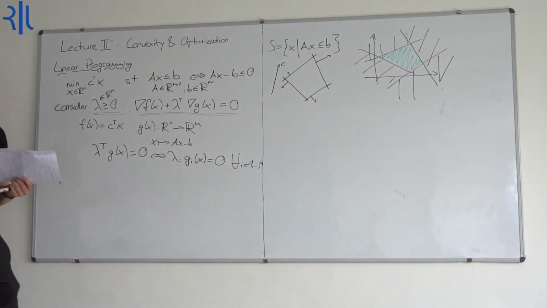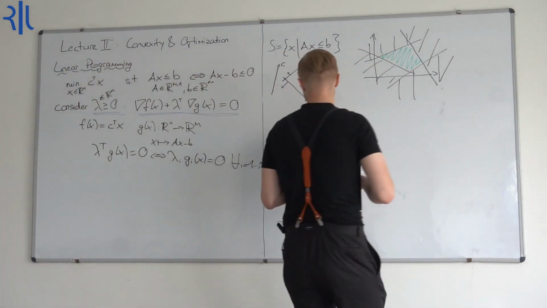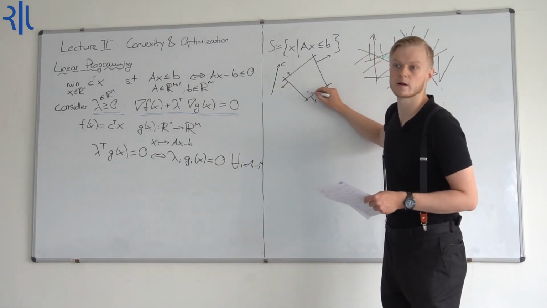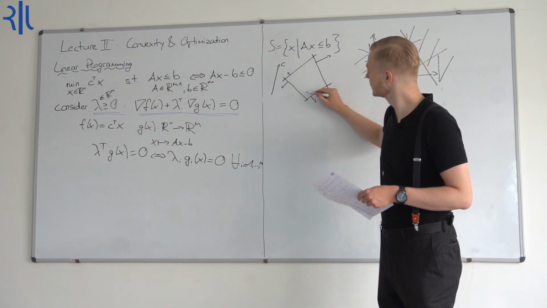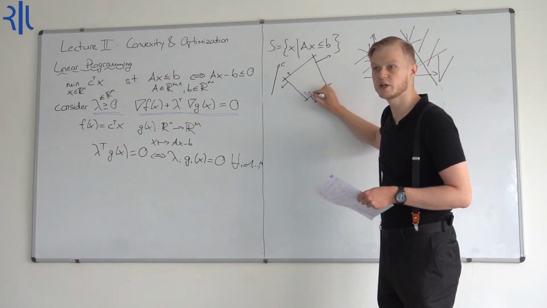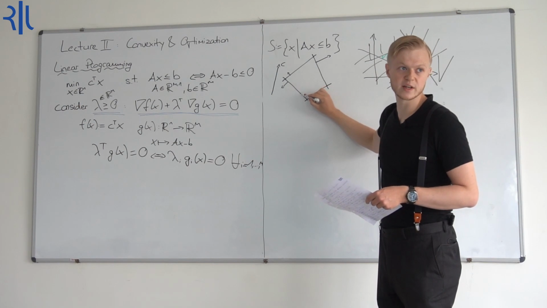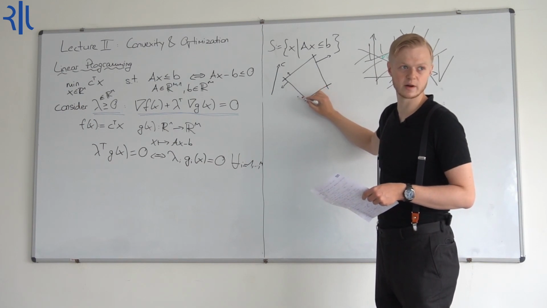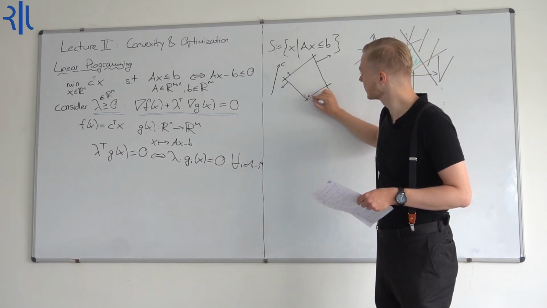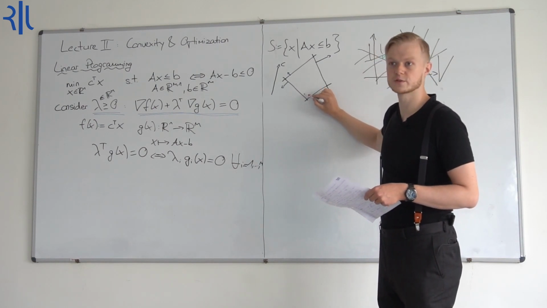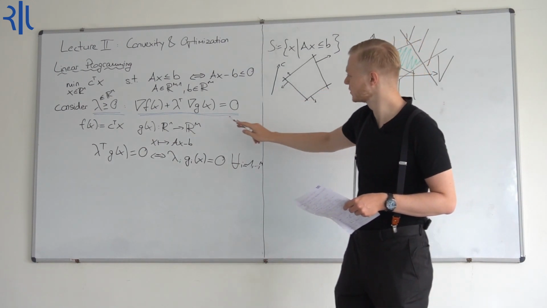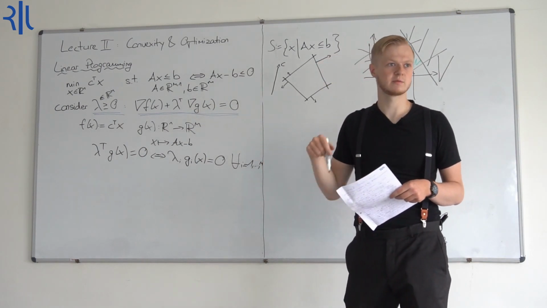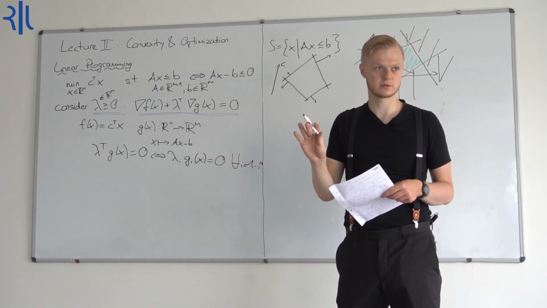And what this enforces is that the case that we're somewhere inside of the set is ruled out, because this component of G won't be 0. So we're not allowed to take it as a multiplier, to take its gradient into the equation. However, when we touch the wall, this component of G becomes 0, and then we're allowed to take it with a multiplier. Otherwise, it's not possible to take that into account.